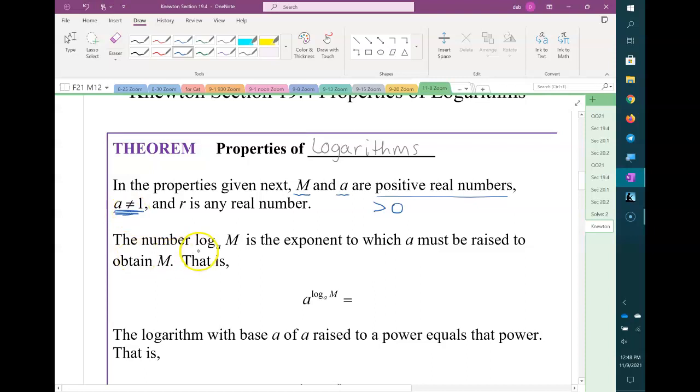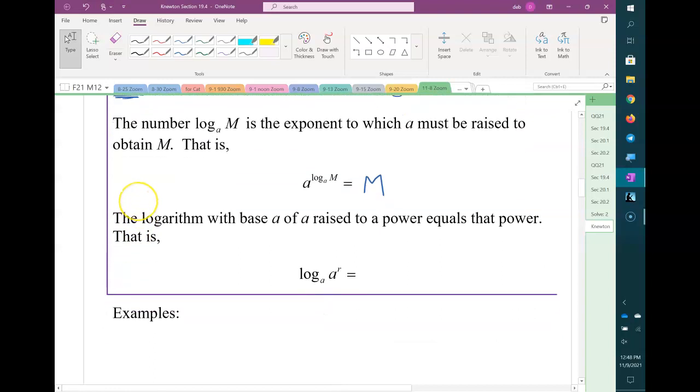The number log base A of M is an exponent such that if you take A to that power, you get back capital M. So this is another pair of inverse functions: if I do the logarithm and then I exponentiate, those two undo each other and I get back to M. And the logarithm with base a of a raised to any power equals the power.